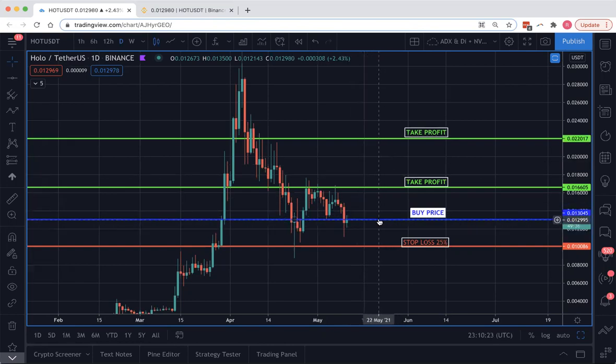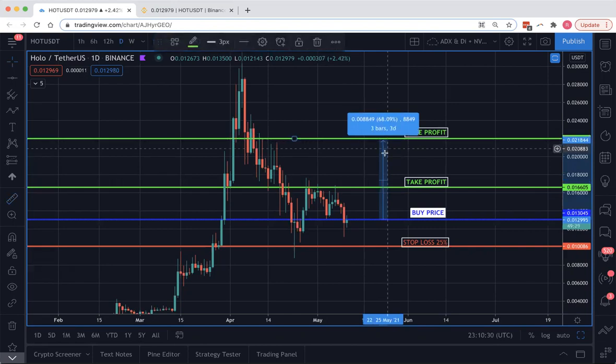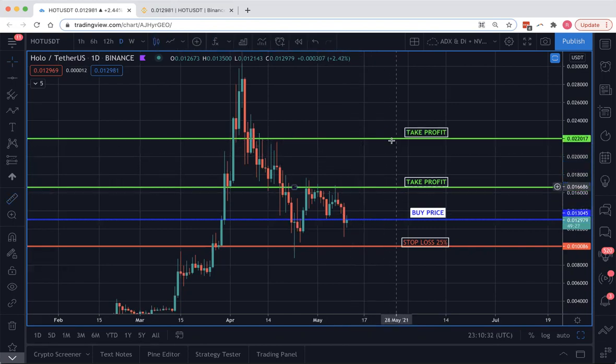Again, in this example, our first take profit is at about 28%, and our second take profit is at 68%. So if we win this trade and you take 68%, obviously there's a lot more profit than the 25% stop loss.